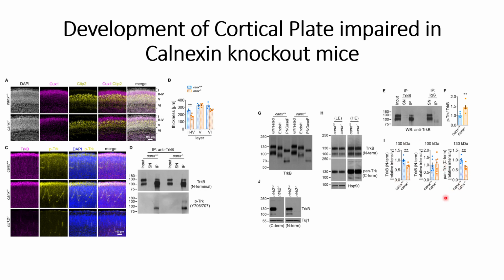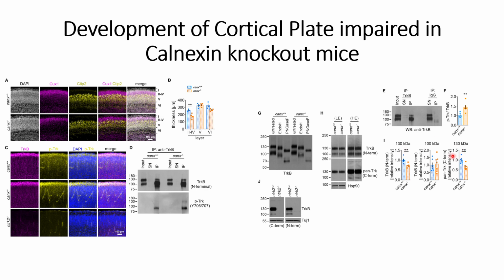So all of this comes to a conclusion that there is not much impact of calnexin on the phosphorylation of this N-terminal part of TRKB. However, the non-phosphorylated part, or the part that has been expressed on the cell surface, is affected, and the same thing they have seen for the C terminals.